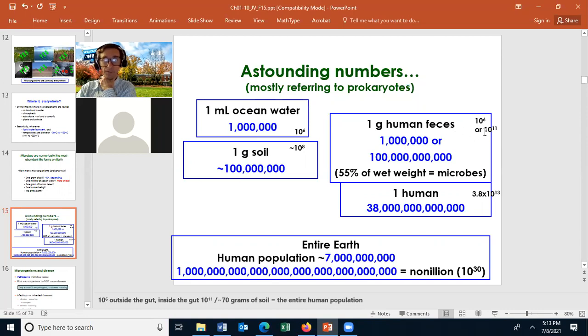And that is an awful lot of cells if you don't know. And actually, in human feces, about 55% of the wet weight is from the weight of microbes. So the majority of human feces is actually microbes, assuming we're looking at wet weight.